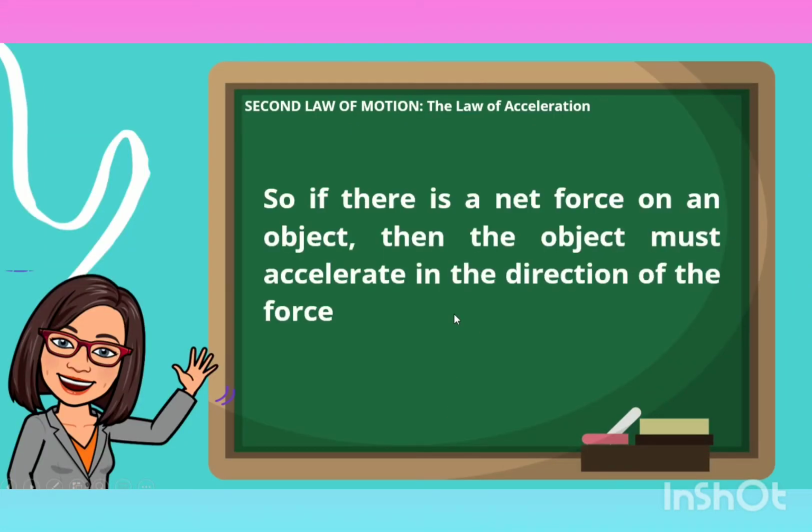So if there is a net force on an object, then the object must accelerate in the direction of the force. If the net force exerted is vertical, the object should move vertically. While if the net force exerted is horizontal, the object should move horizontally.